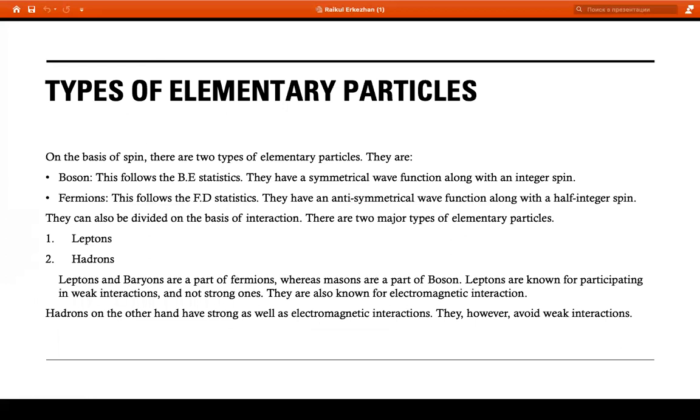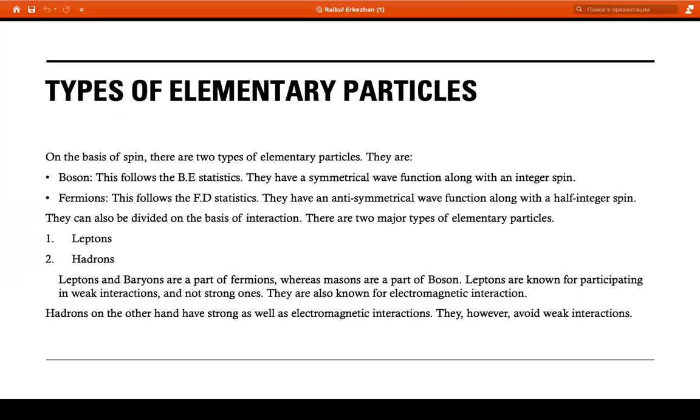Types of elementary particles: on the basis of spin, there are two types of elementary particles, bosons and fermions. Fermions follow Fermi-Dirac statistics.